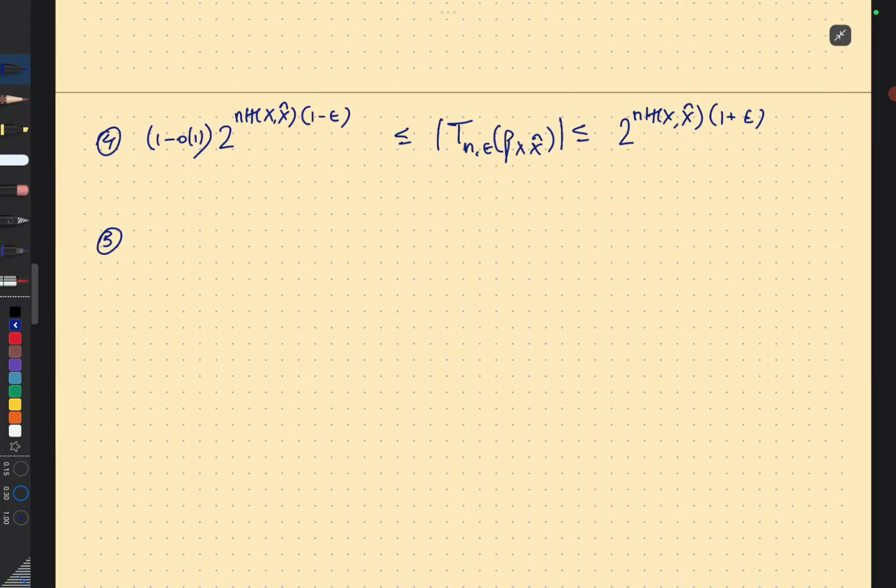And the last part, suppose I have x^n, x hat^n which have IID components but drawn according to some distribution Q of x, x hat.